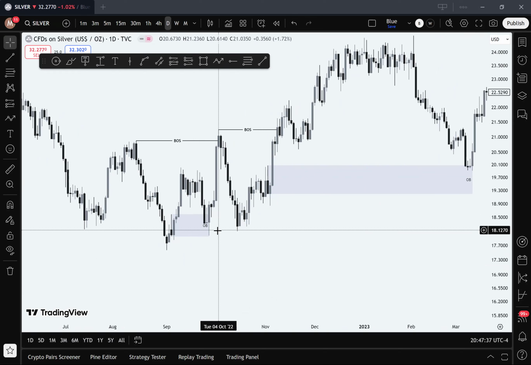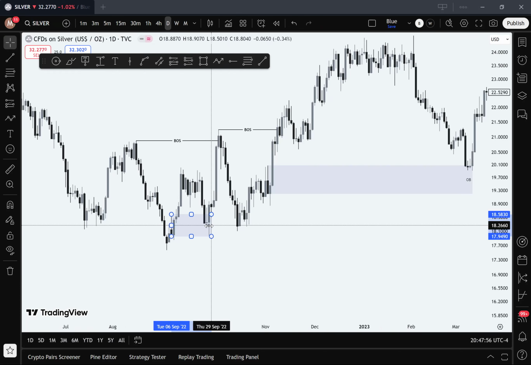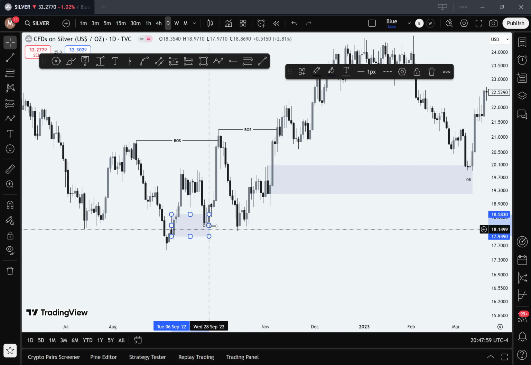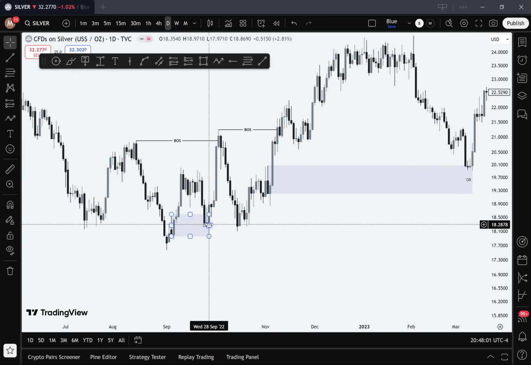Probably because when you go down to a lower time frame, you could see that there was a structure right there. But in this time frame, it is not a valid order block because it hasn't broken structure. So don't make the mistake of marking this order block, thinking when price comes back to it, it will react to it. And of course, price did react to it, but it is not a valid order block.